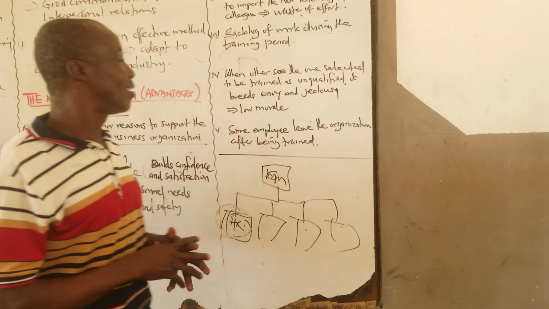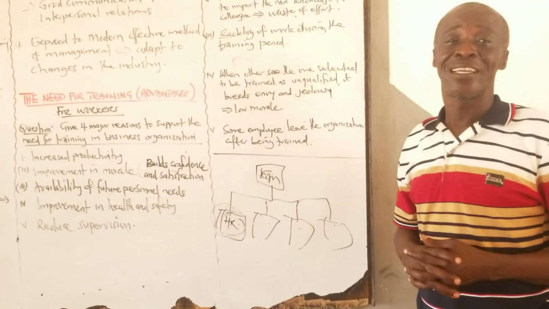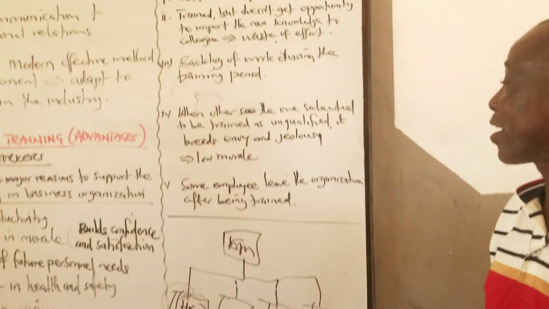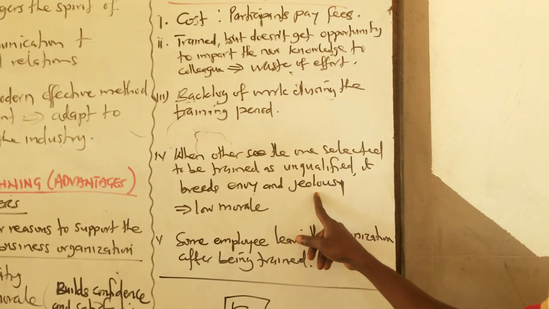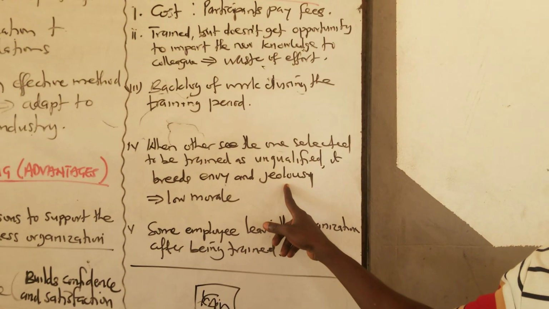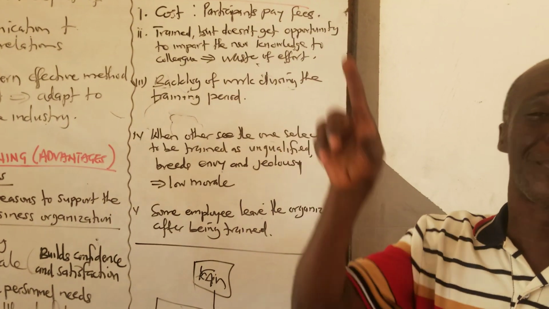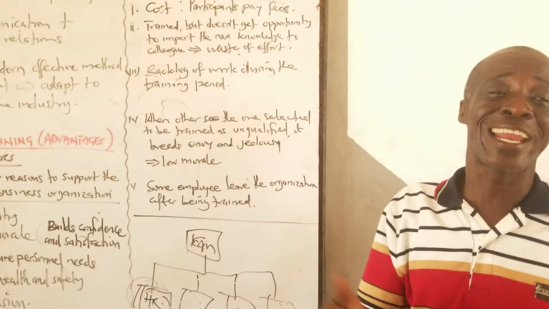The next one, very simple, straightforward, is that it can breed or bring envy, jealousy. Why? Because when you are trained, it means you are going to occupy a position when somebody is not there. Let's say an understudy.